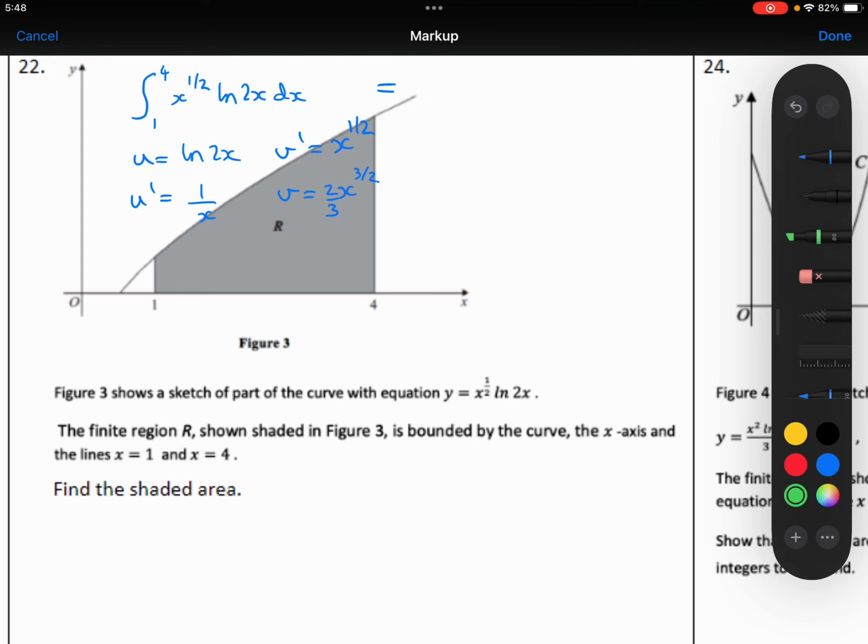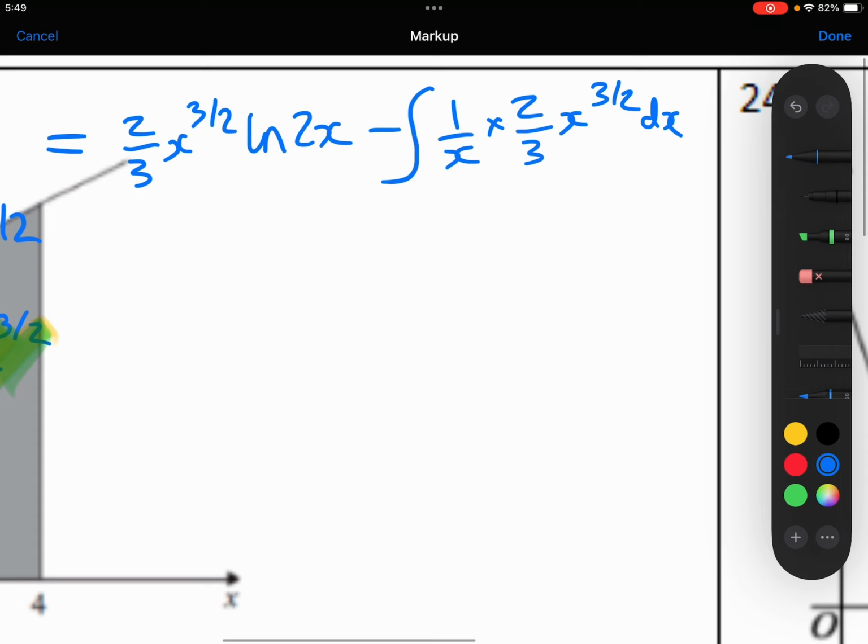Using the by parts formula then, we'll have u times v minus the integral of u dash times v. I now notice that within this integral here, those x's are going to cancel out.